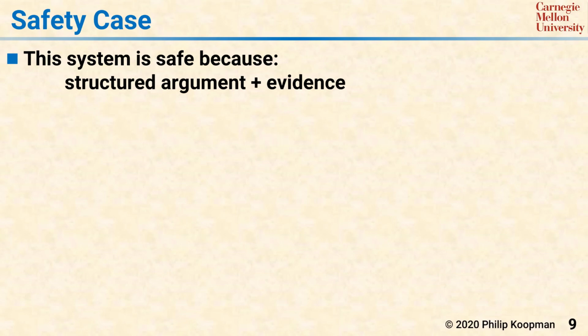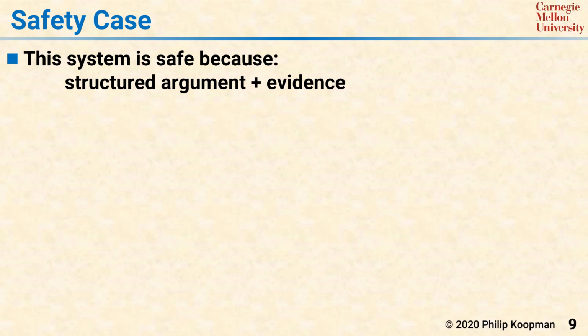However, each argument must be supported by objective evidence that demonstrates that, for example, design elements were implemented correctly, or the rigorous engineering process specified was actually followed, or third-party component quality is documented by a suitable safety certification.